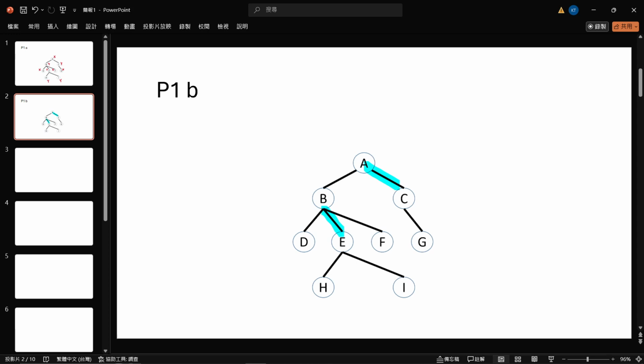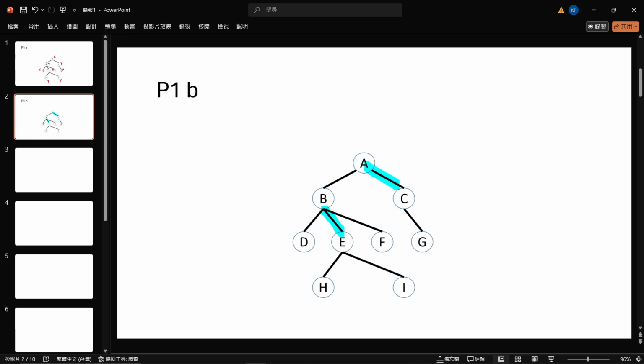So for example, if we consider the edge AB, then adding this edge to the current matching will violate the property of matching. That is, edges in the matching cannot touch each other, they cannot share an endpoint. So AB cannot be added to the matching.